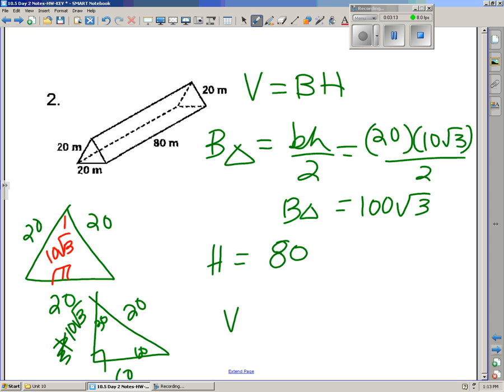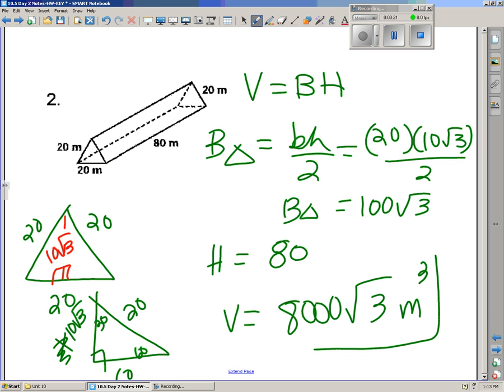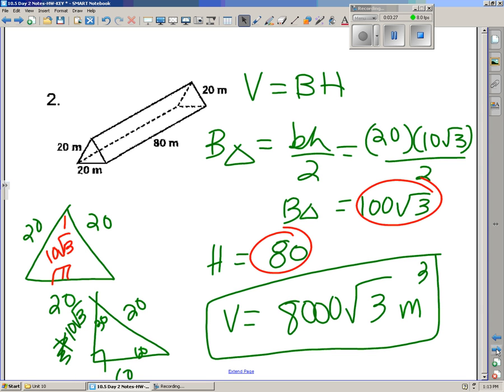So my volume, multiplying 100 rad 3 times 80, gives me 8,000 rad 3 meters cubed. Remember, multiplying the height times the base. Okay, let's see what we've got next.